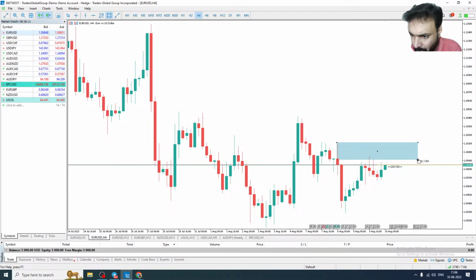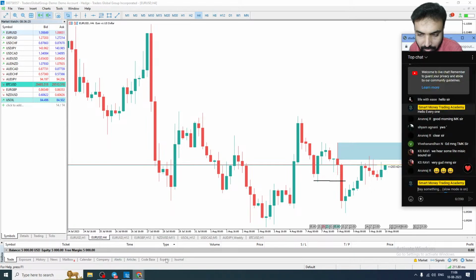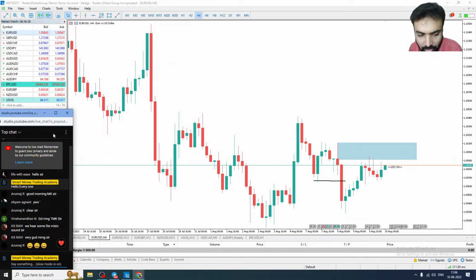If we get any lower time frame confirmation, we can take one sell entry based on this break, and now price is approaching here, so we can try to take a trade from here. That is one thing we can do in EUR/USD.